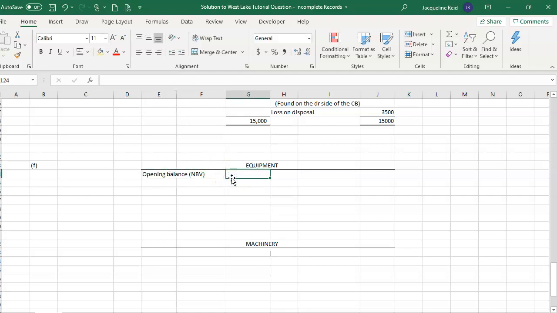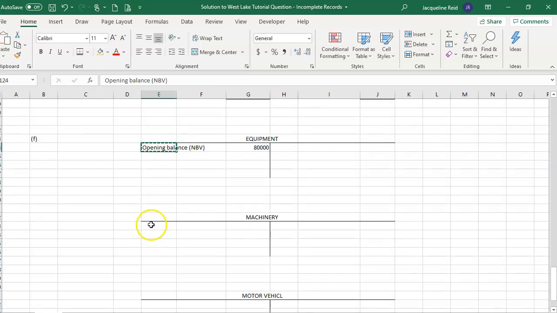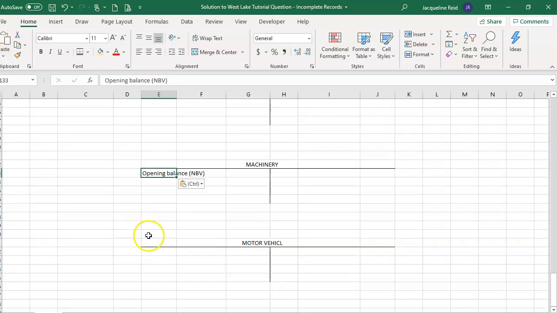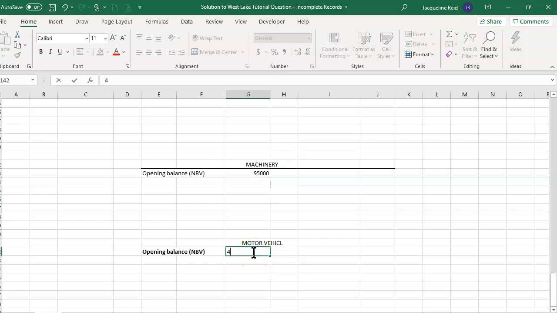So for the first one, the opening balance was $80,000. And I'm just going to copy the description and quickly put in the values for the rest. 95,000 opening balance for machinery and 40,000 opening balance for motor vehicle.